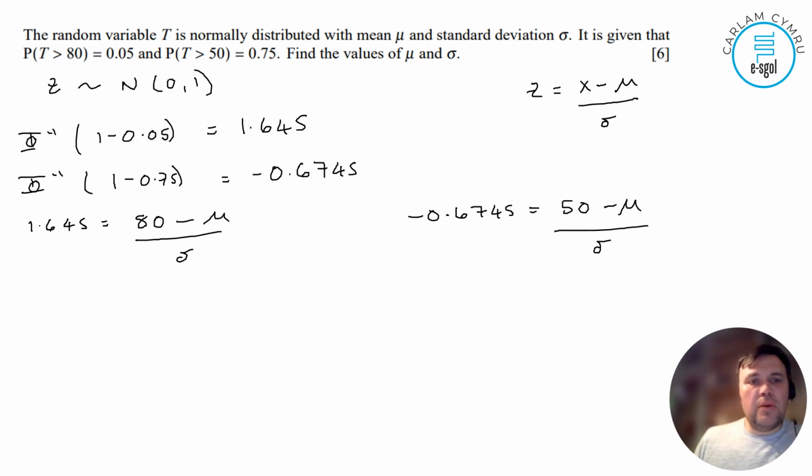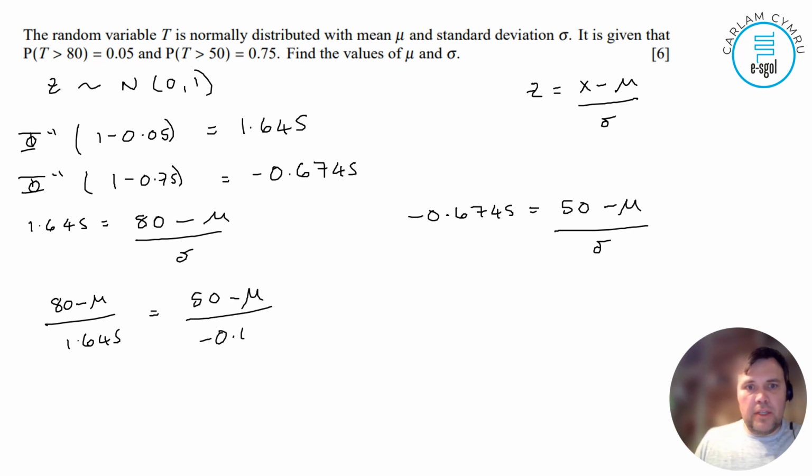Now, personally, what I did was I swapped the deltas and substituted them together and then equated them. So I had 80 minus mu over 1.645 equal to 50 minus mu over minus 0.6745.